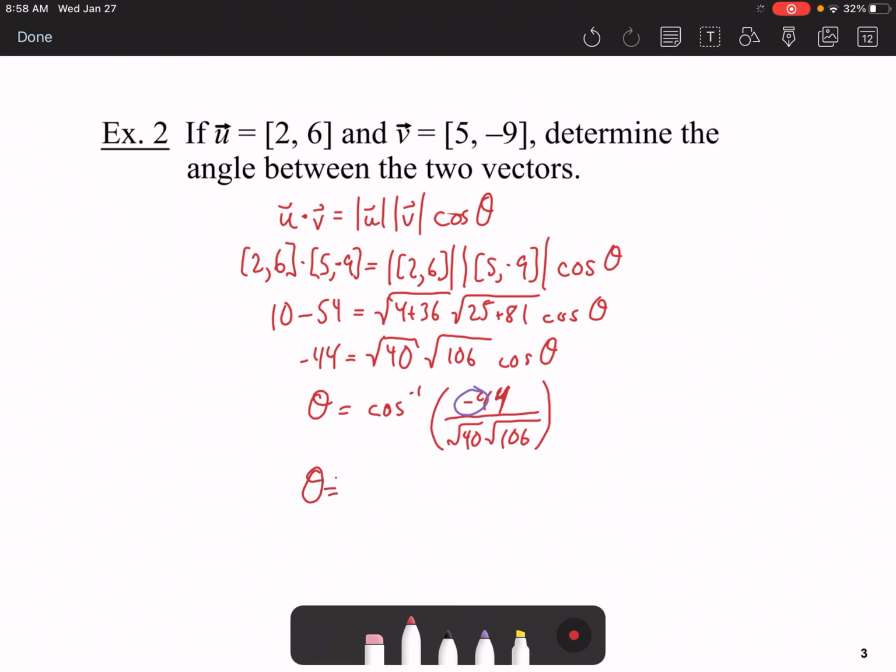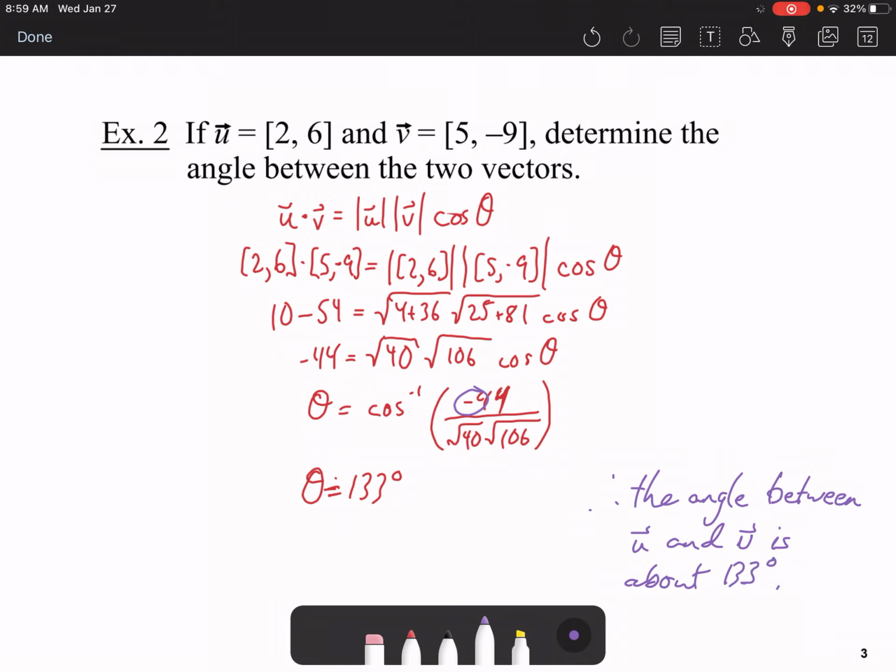So this is approximately 133 degrees. So therefore, the angle between the vectors is about 133 degrees. And there we go.